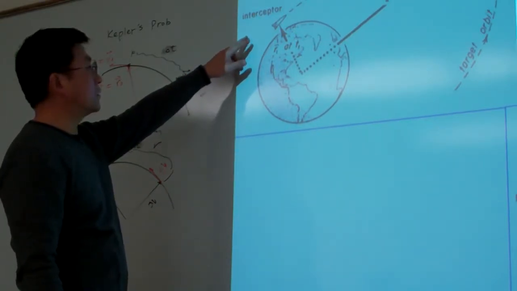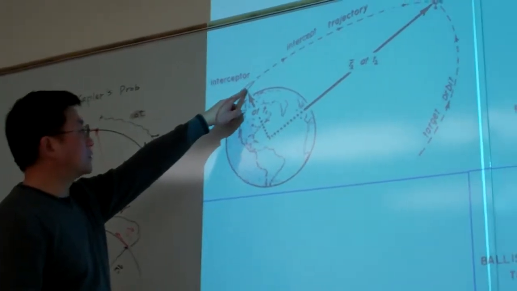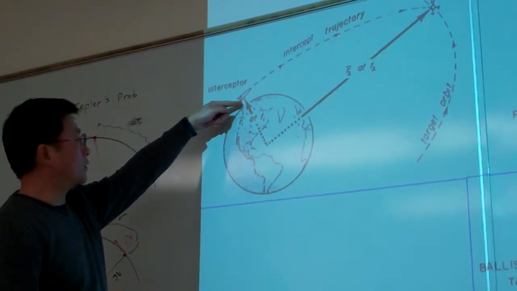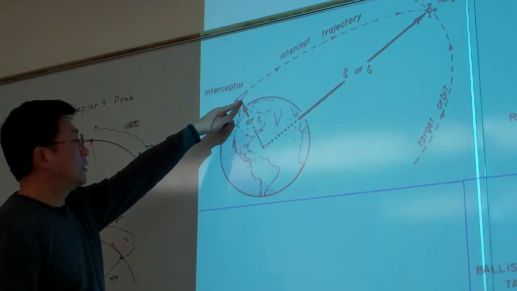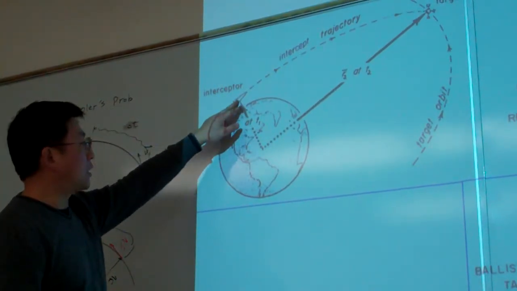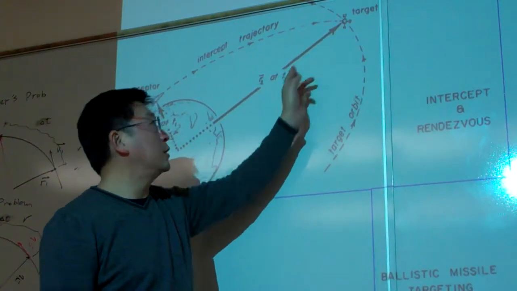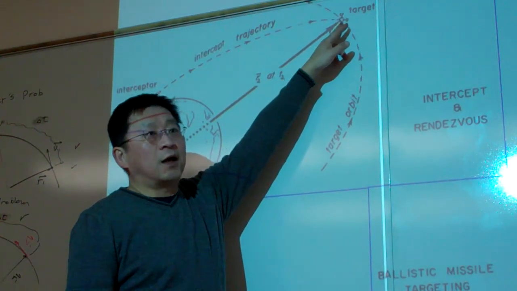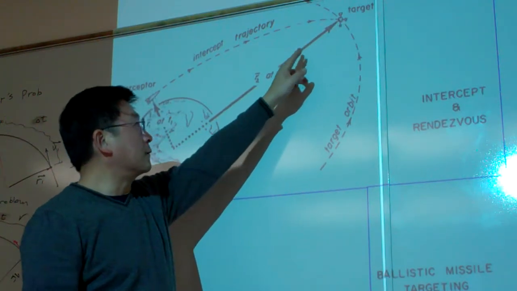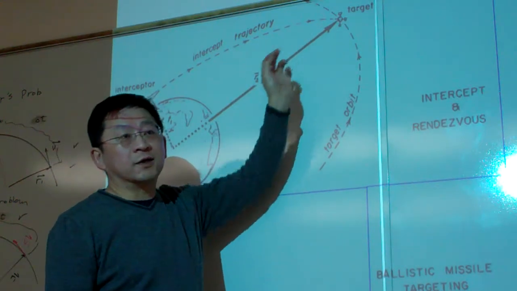Here, for example, you can see we know R1 and V1 at this moment. We know the position R1, and we know how much time we are going to spend on the transfer to reach the target. And here we know the R2 of the target.